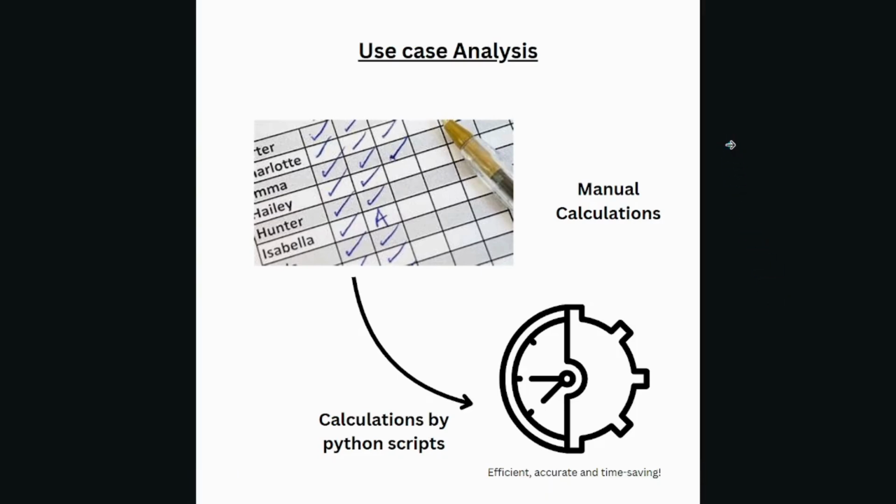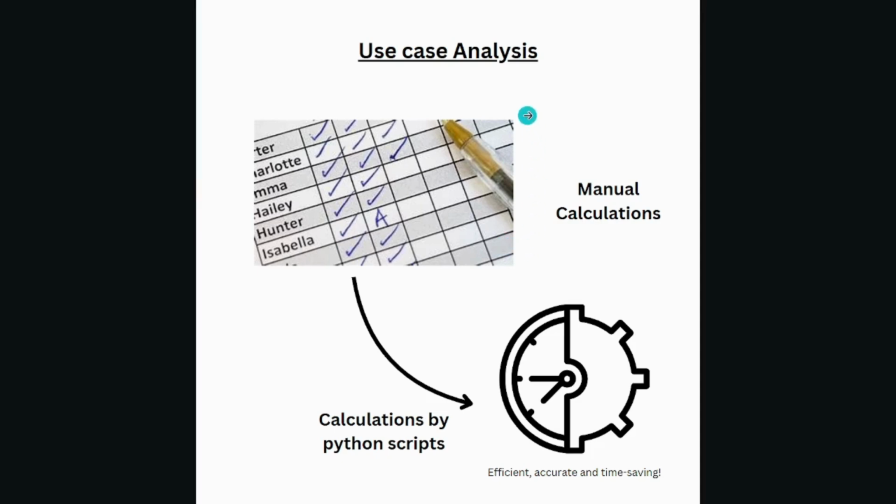Before talking about the implementation of this project, we will talk about the use case analysis. Traditionally, and today also, many systems and libraries use traditional attendance systems, which are basically done on paper. On paper, the storage of attendance is inefficient and mostly error-prone.